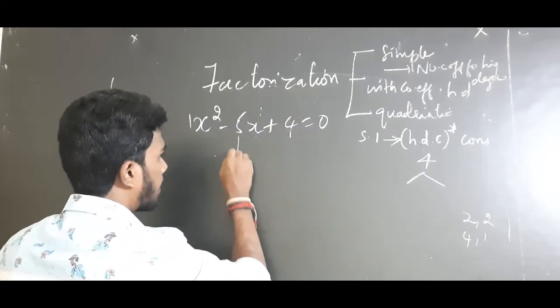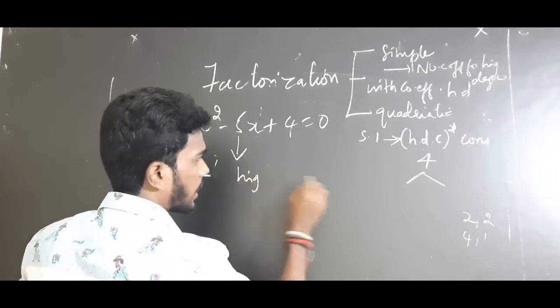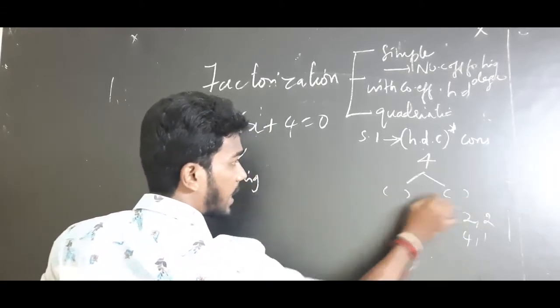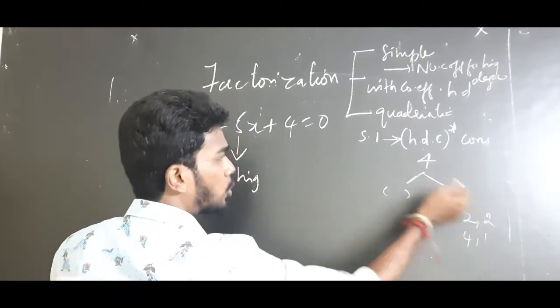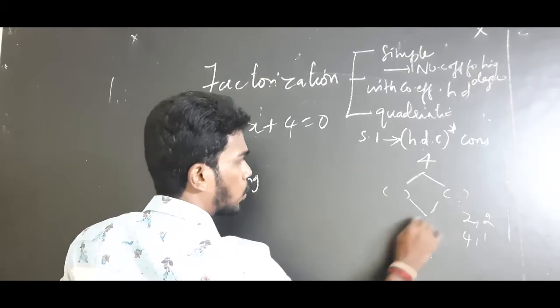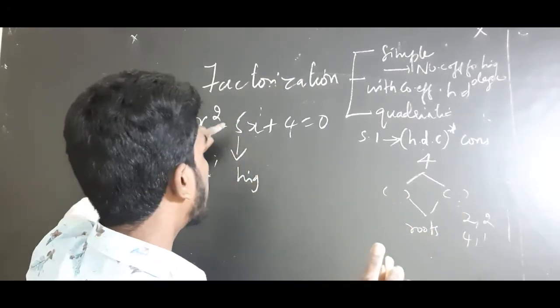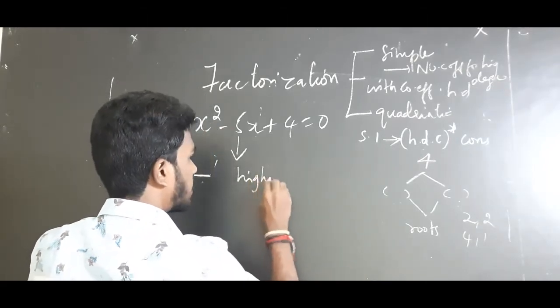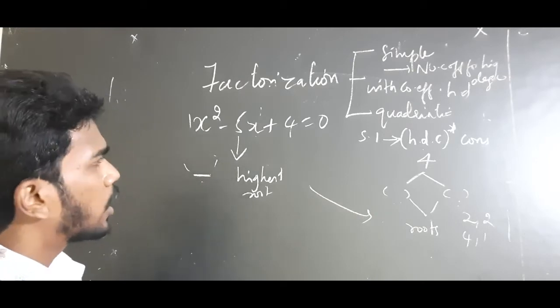Always remember, in the middle term, if you get a minus symbol, then the highest value, here we will be writing two values, right? Any of these highest values, for example 3, 4, means 4 should be given a negative value. These are called roots. The highest value of these roots acquires a negative sign if the middle value is negative. So the highest root should be given the negative sign. Okay, now 4.